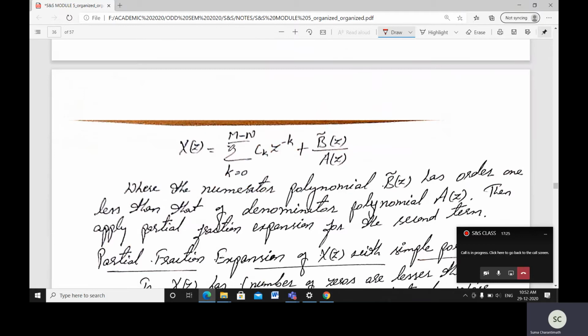Therefore, x of z is equal to the summation k varying from 0 to m minus n, c k z raised to minus k, plus b tilde of z divided by a of z, obtained by the long division method. The numerator polynomial b tilde of z inverse has order 1 less than the denominator polynomial a of z.